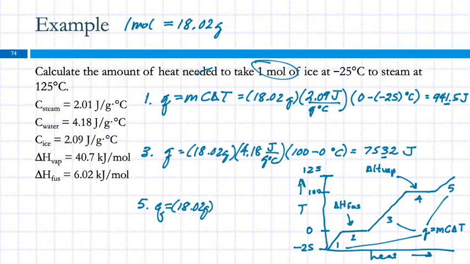And then down at the bottom, for that 5th line segment, I've got steam, 2.01 joules per gram degrees Celsius, and the temperature there is going from 100 to 125, so 125 minus 100.